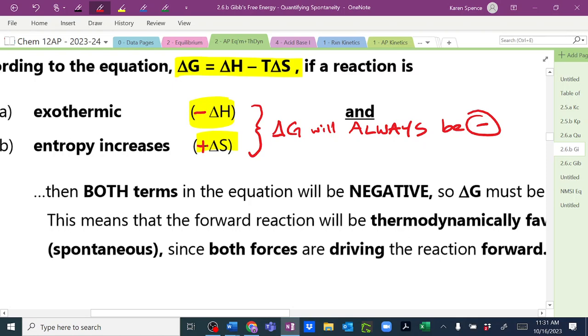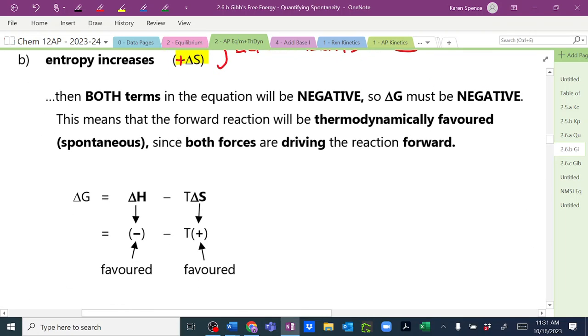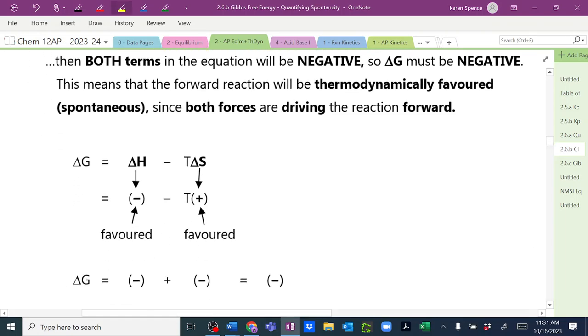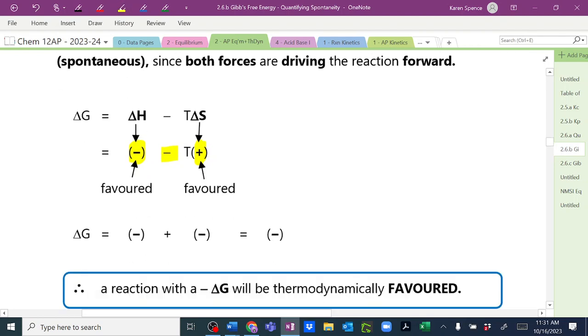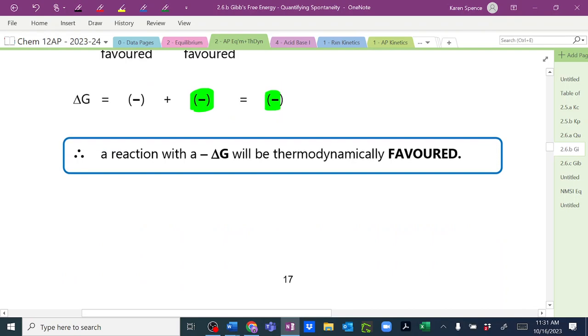Are we good with why that is? Yes? Both terms are going to be negative. Here we have a negative delta H and a positive delta S, and this negative makes it negative, and so overall it's negative. So that's going to be thermodynamically favored.